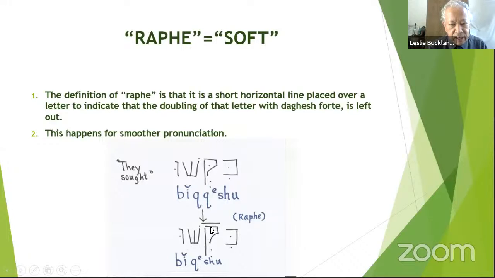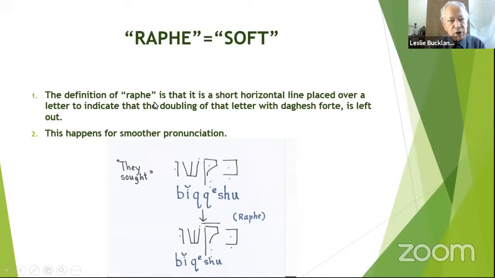So sometimes this happens where you are expecting a dagesh forte to be. Sometimes you will see this horizontal line, and it will indicate that a dagesh forte used to be there, but for smoother pronunciation, it has been taken away so that there is now a different pronunciation of the word.